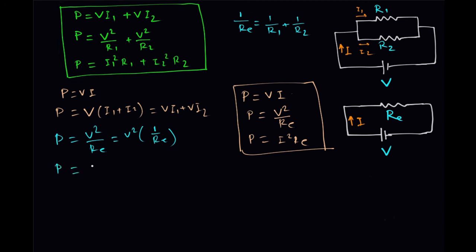We get P is equal to V square times 1 divided by R1 plus 1 divided by R2. Hence we get P is equal to V square divided by R1 plus V square divided by R2. So this is the same as this formula.